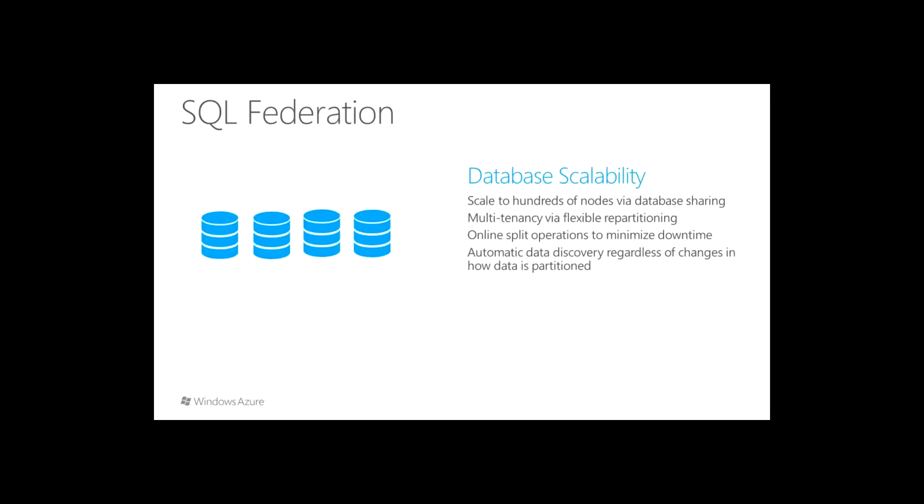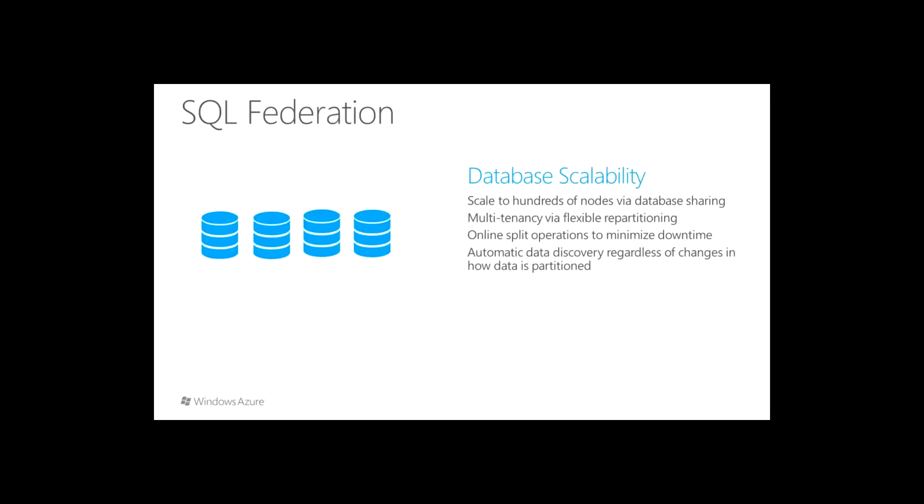I've got a whole presentation on SQL Federation on how that works. But basically this is taking the scalability from the middle tier and placing it in the database. It allows me to scale at the database level with very little code and without any logic in the application.